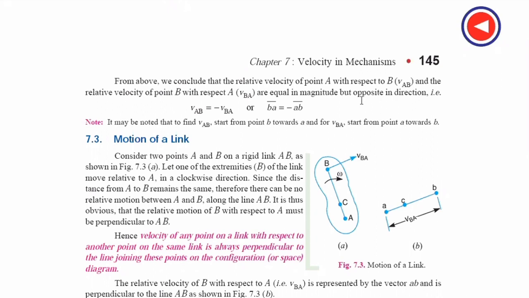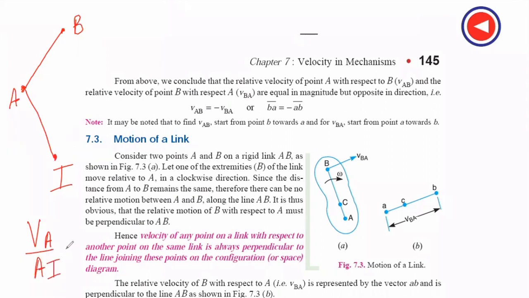In the I-center method, we discussed that if this is my link, and this is my point A and this is my point B, and if I know the I-center location, suppose this is my I-center, then simply join point A with the I-center. The AI length divided by the velocity of the point A will give the angular velocity of the link.